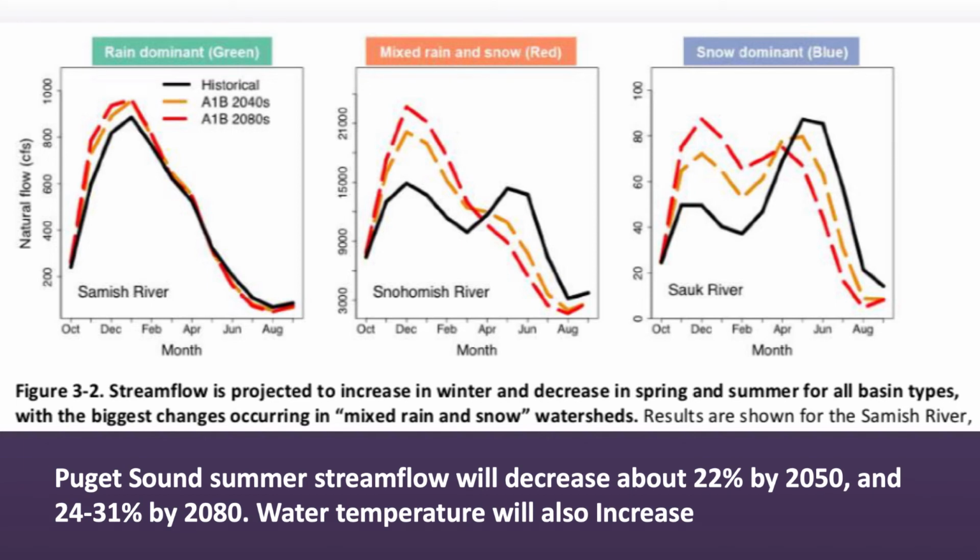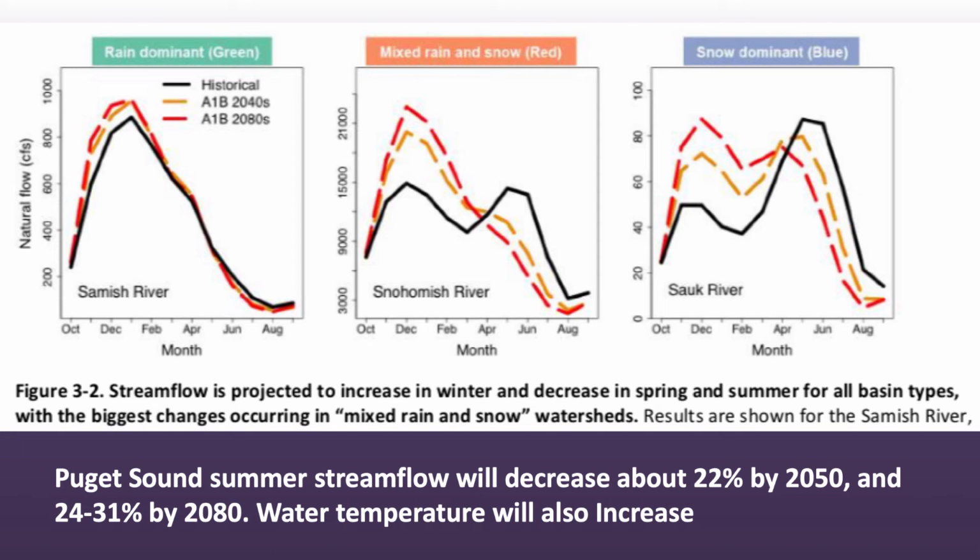In terms of mixed rain and snow, we see that those rivers are substantially shifting in terms of having much more water during the winter and less during the summer, because in the summer, a lot of that was snow runoff. And then we see an even more extreme shift for rivers that were primarily supplied by snow and glaciers, where a lot less of that water is going to come from the glaciers. So that shifts what our water supply will look like during summer months.